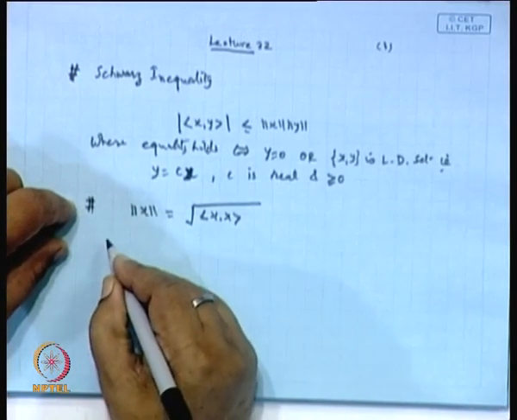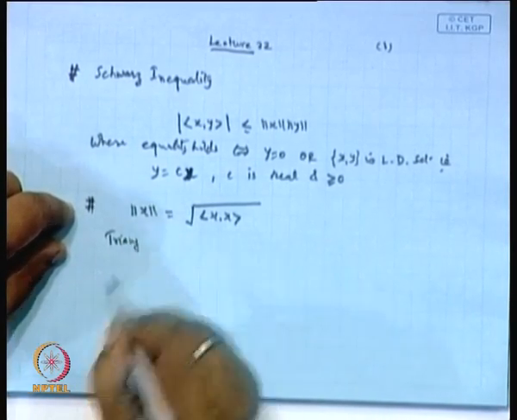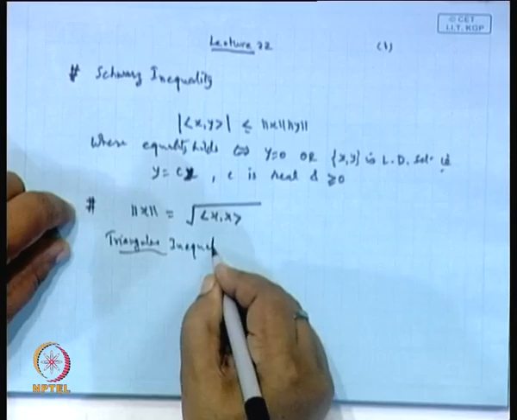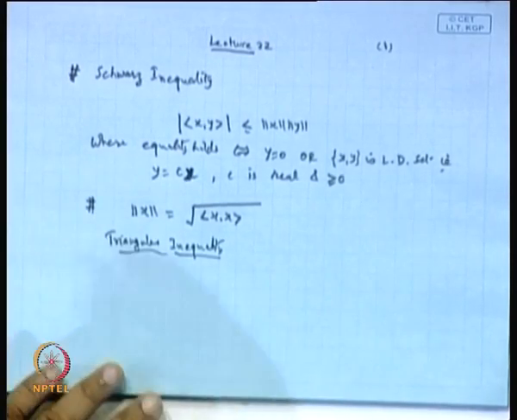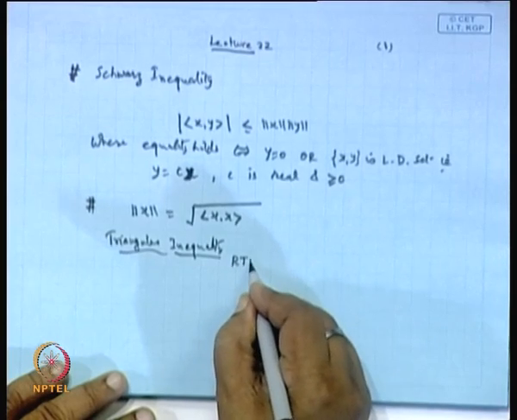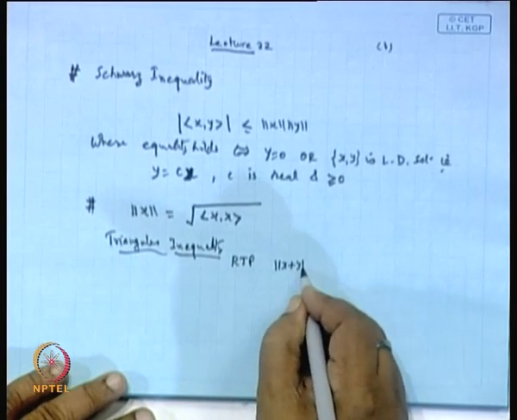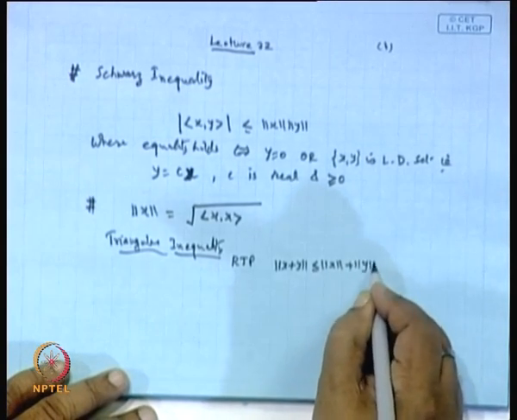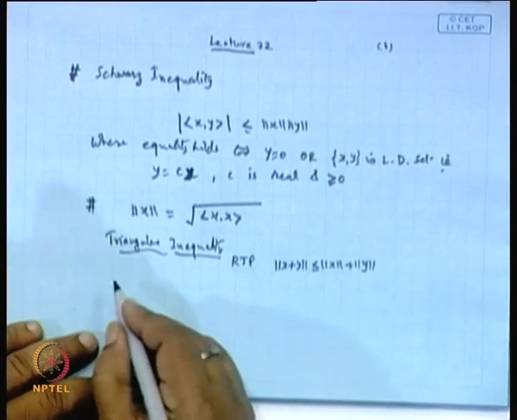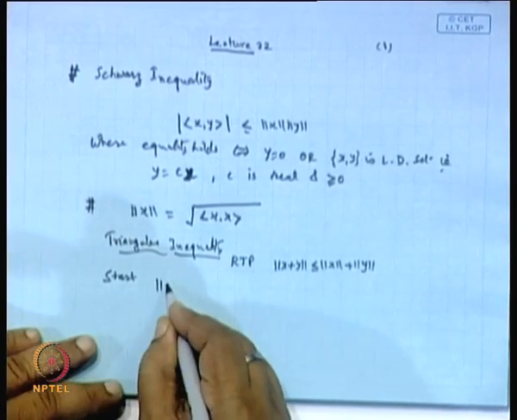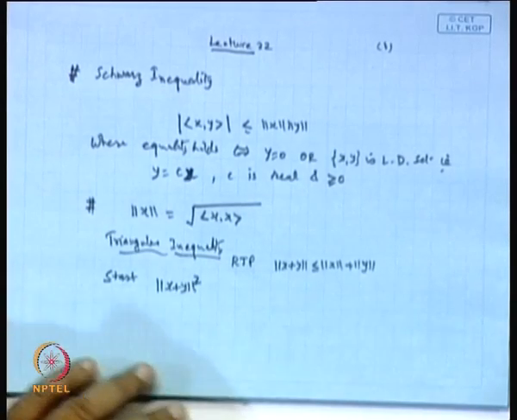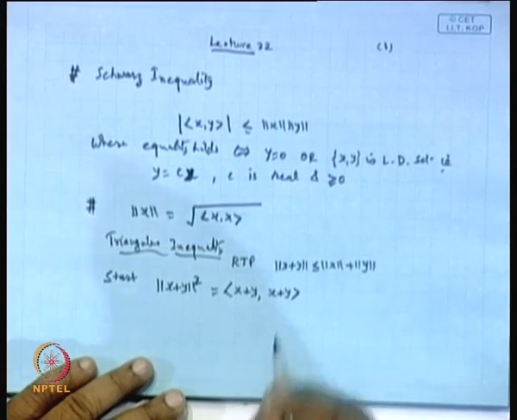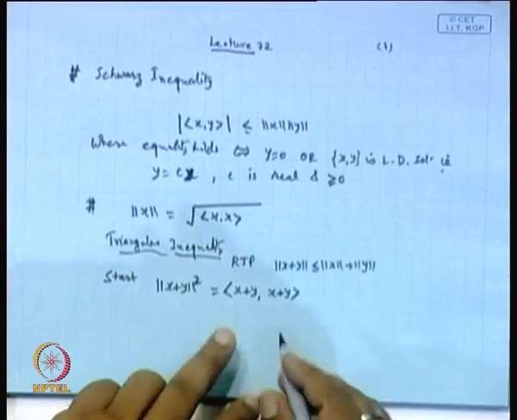So, let us see the triangular inequality. We want to show that the norm of x plus y is less than or equal to norm x plus norm y. So, start with the norm of x plus y whole square, and this can be put as x plus y under the inner product sign. Now, open it.